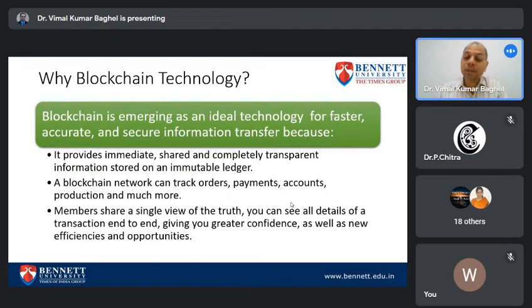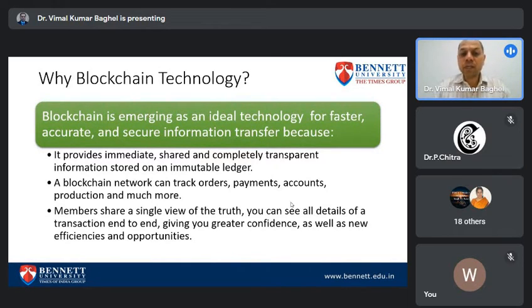We can trace and track all these things if we have a blockchain-built, complete solution from the manufacturer till the end-user customer. That can be done with the help of blockchain technology.